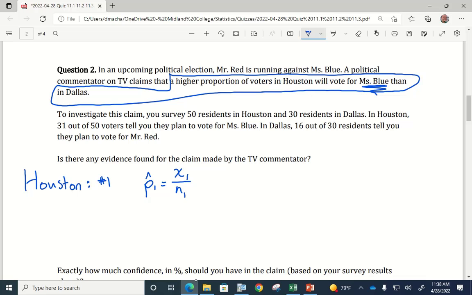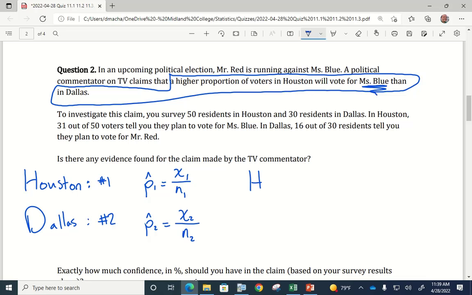Then in Dallas, we have another population of voters, called population number 2, and we could calculate a sample proportion if I go to Dallas and I take a sample of n2 voters, and I find that x2 of them, that's going to be my number that are voting for Miss Blue, and so I can calculate these sample proportions.